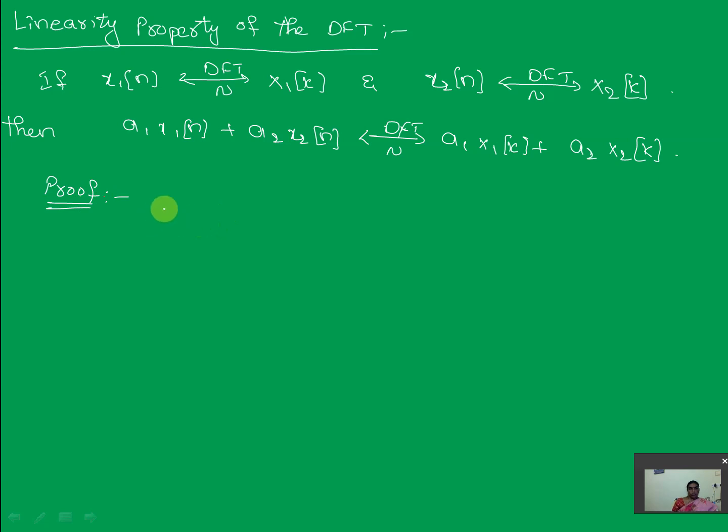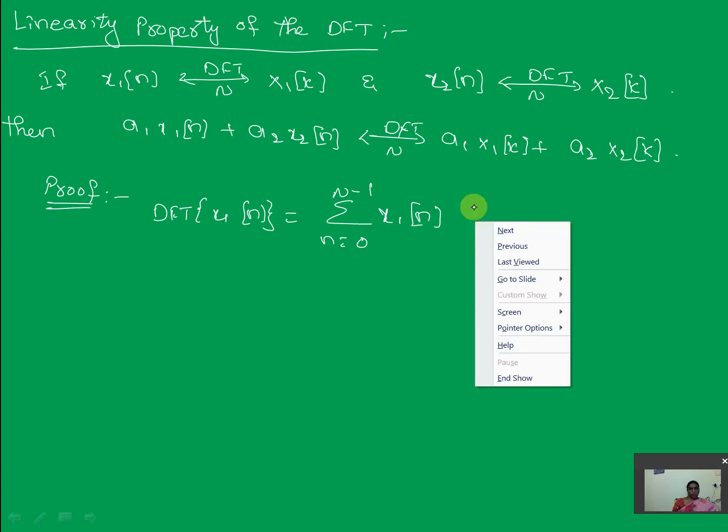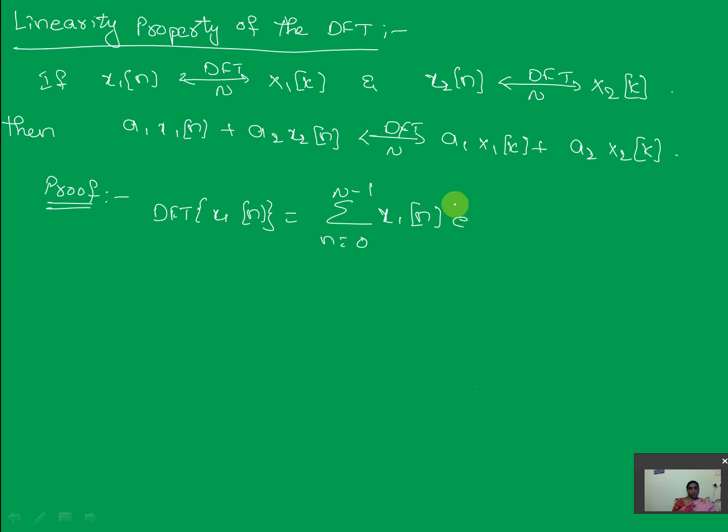To prove this, firstly take the DFT of x1 of n. The formula is the same: summation n equals 0 to N minus 1, x1 of n e power minus j 2 pi by N nk.